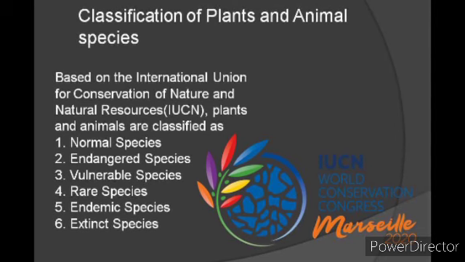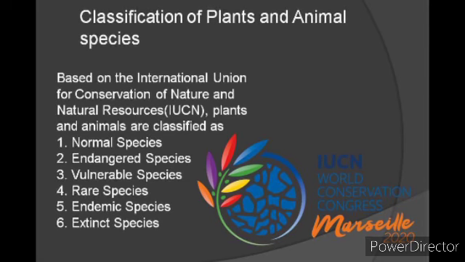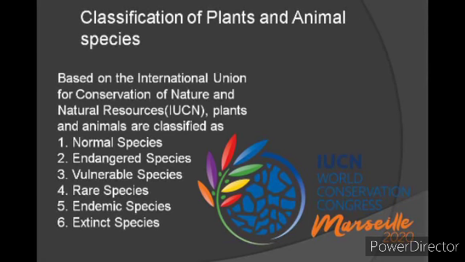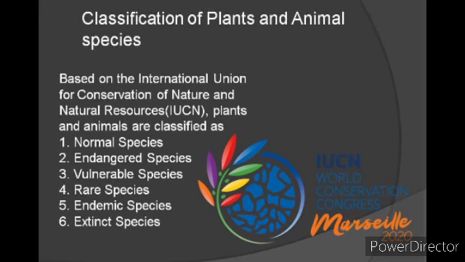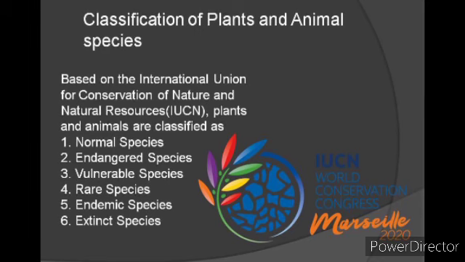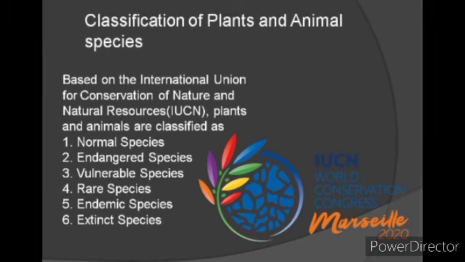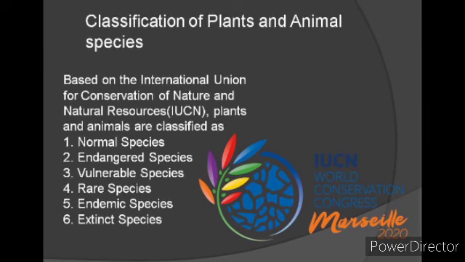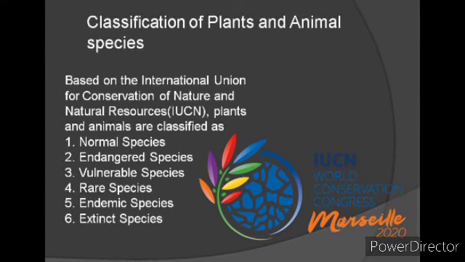IUCN is an organization which was founded in 1948 and its headquarters is in Gland, Switzerland. It's an organization working in the field of nature conservation. They are very much concerned about environmental protection, or to conserve the environment. It's not an organization of the United Nations, actually it's an NGO.